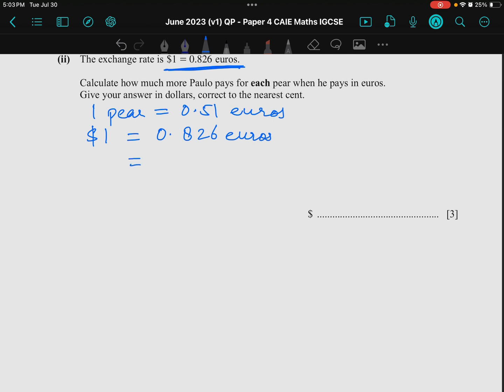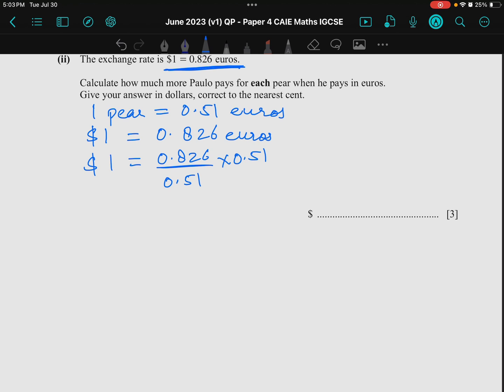So what I can do, if you divide and multiply this by 0.51, there will be no change. It will cancel out. Again it will be 0.826.